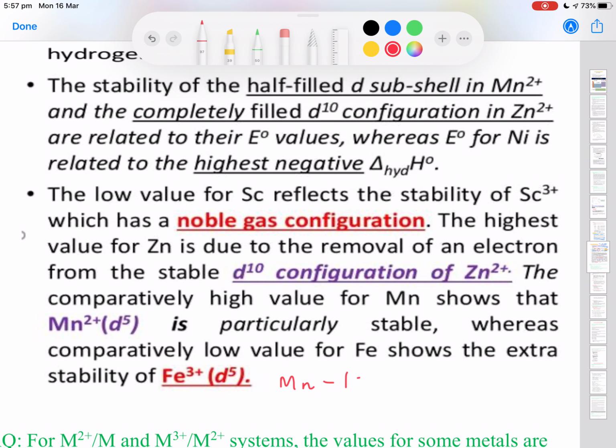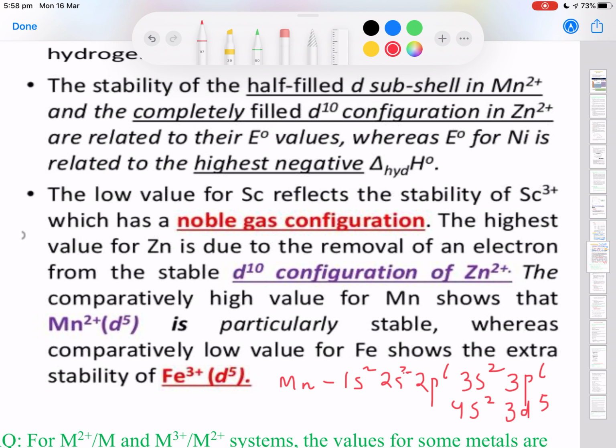So you're going to tell me 1s2, 2s2, 2p6, right? Then 3s2, then 3p6, 4s2 and 3d5. So since 5 electrons are sitting in d orbital, that means it is very much stable, exactly half filled.